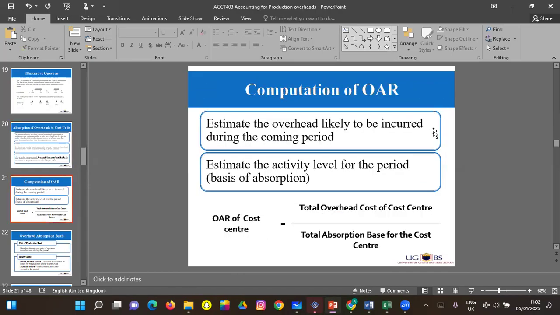So with this one, we are now coming to compute the overhead absorption rate. Estimate the overhead likely to be incurred during the period, and also estimate the activity level for the period, right? So our overhead absorption rate of a cost center is going to be the total budgeted overhead, the total estimated overhead, all over the total absorption base for the cost center.